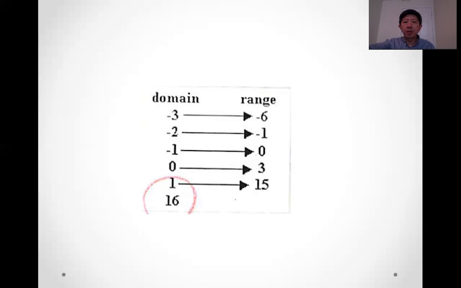The answer is no, because each domain element has a range element, but here one domain element corresponds to two range elements. So this is not a function. Now how about another example? Is this a function or not? The answer is no, because each domain element must have a corresponding range element, but for 16 we cannot find anything here.